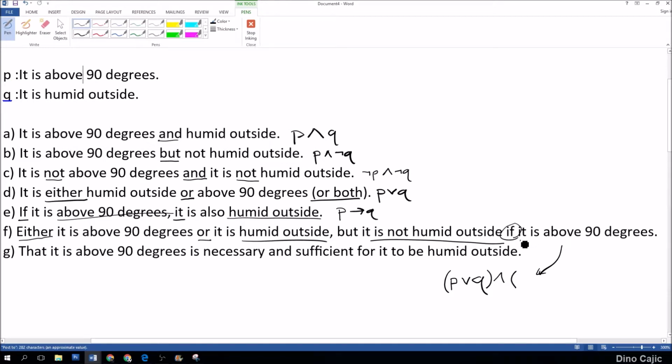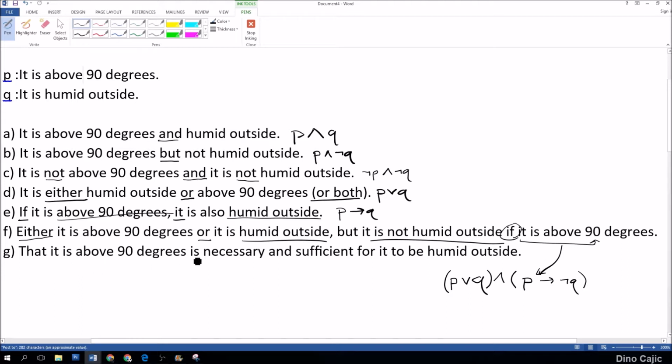This if statement signifies that this portion is the hypothesis in the implication. So if it is above 90 degrees, it is not humid outside. So this we would have to write, since this is our P, so P implies not humid outside. So this is our Q, it is humid outside, so the negation of Q. So this one's a little bit hairier, but still we could work through it. P or Q, and P implies not Q.